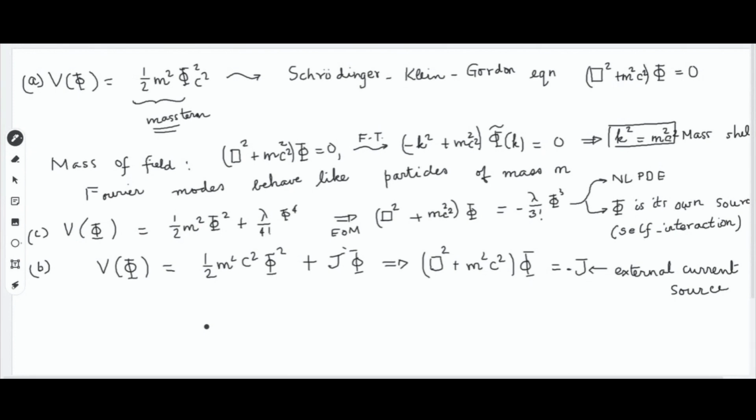We have, of course, talked about an external source, which is not new because we have dealt with such sources in the context of the Maxwell equations, and we'll continue to do so. We have also dealt with this phenomenon of self-interaction for a scalar field, but you can also have it for vector fields, tensor fields, and so on.